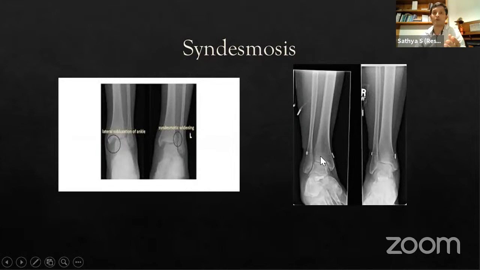What happens is, if the person is not using a cam walker, or the moon boot as we call it, and starts to weight bear normally and walk, that screw can break and you can't retrieve the other end of the screw, which is connecting to the tibia or even to the fibula. So that's the reason they've started using this internal bracing technique, which is proven to be really good and able to hold the syndesmosis much better, preventing arthritic formation in the future.